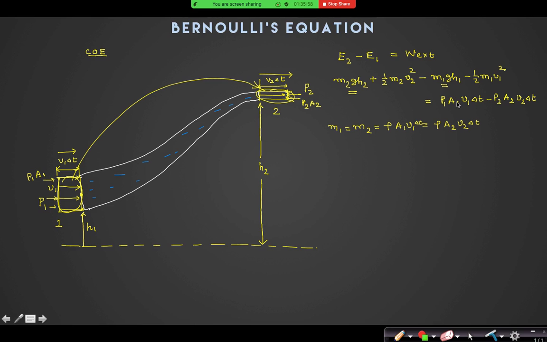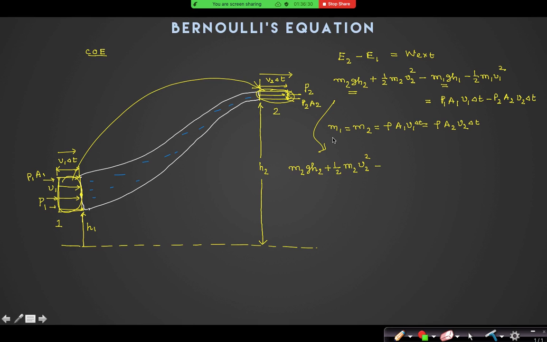So look, rho A1 V1 delta T, can I replace it with M1 by rho, and this is M2 by rho? M1 by rho, A1 V1 delta T. What have I written there, M1 is equal to M2?